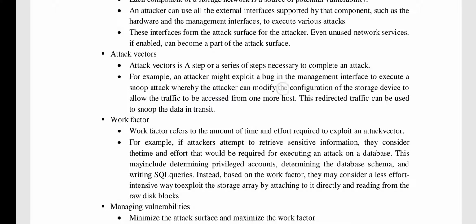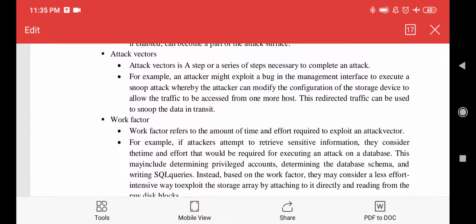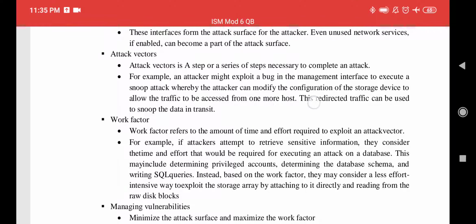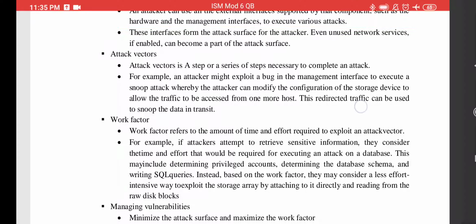Now first of all, in your application there may be a bug. Okay, and that would be exploited by the attacker to execute a snooping attack. Okay, whereby the attacker can modify the configuration of the storage device.